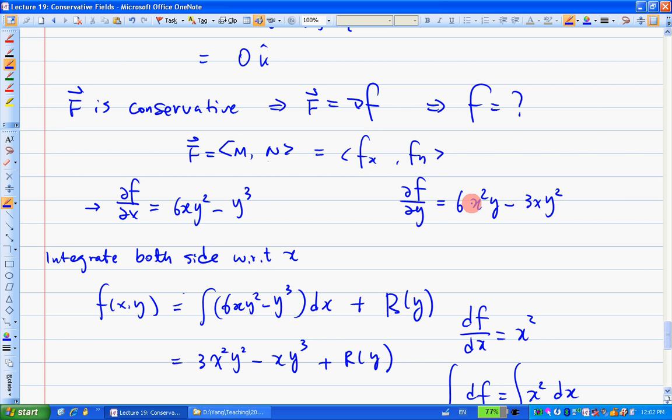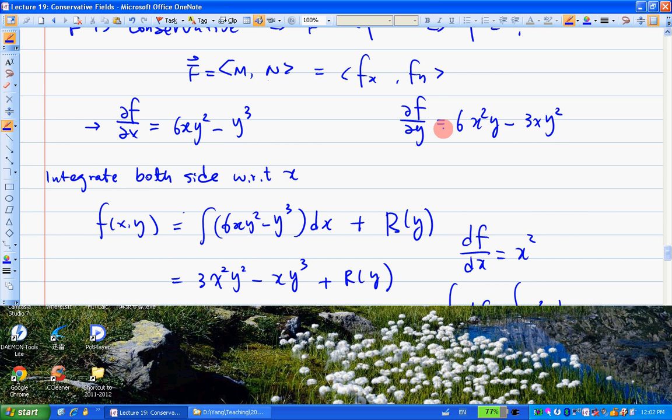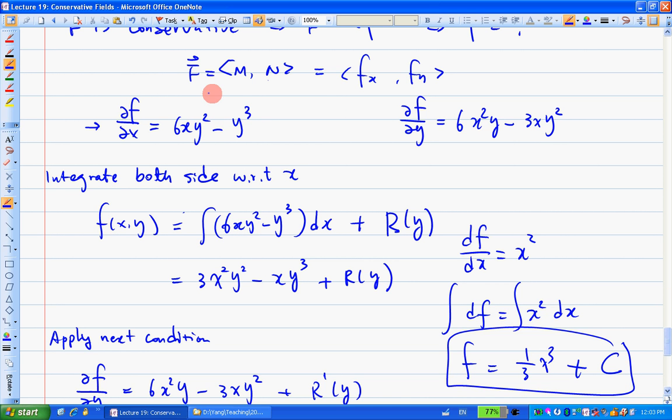If it's a 3D vector, then it'll be the third condition as well. The process is you can start from any one of these conditions. It doesn't matter. I started with the first condition. Based on the first condition, I end up with this function f with the unknown function of y here. At the same time, this f has to satisfy the second condition. Satisfying the second condition means the partial derivative of this preliminary result should satisfy the second condition.